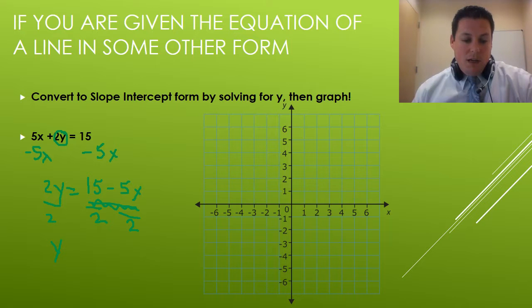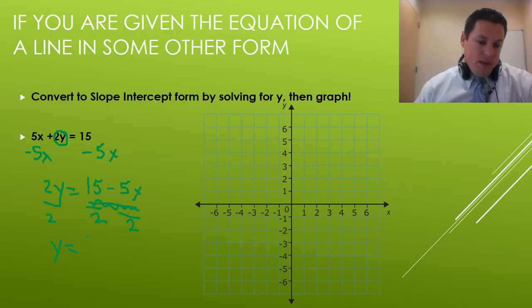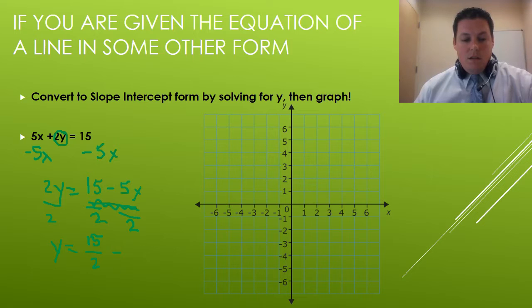So now we have y equals 15 halves minus 5 halves x. So that color there doesn't look the greatest.